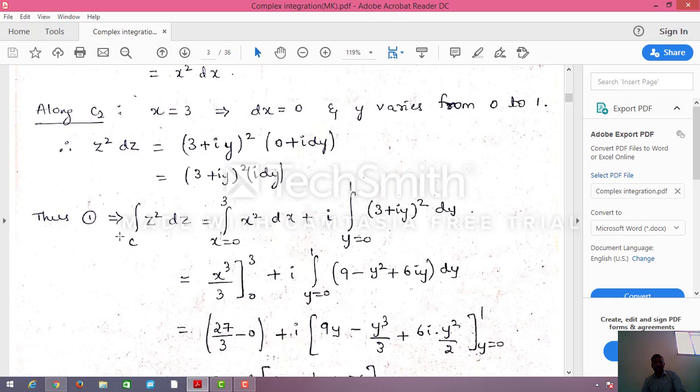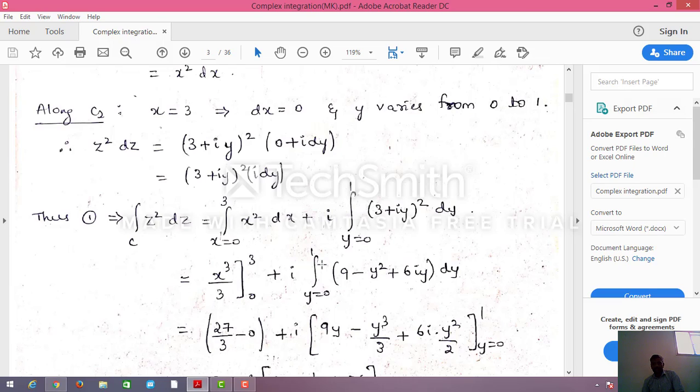Now I will write the integration of c z square dz equals integration of x equals 0 to 3 of x square dx, plus i into integration of y equals 0 to 1 of (3 plus iy) whole square dy. The integration of x square is x cube by 3.